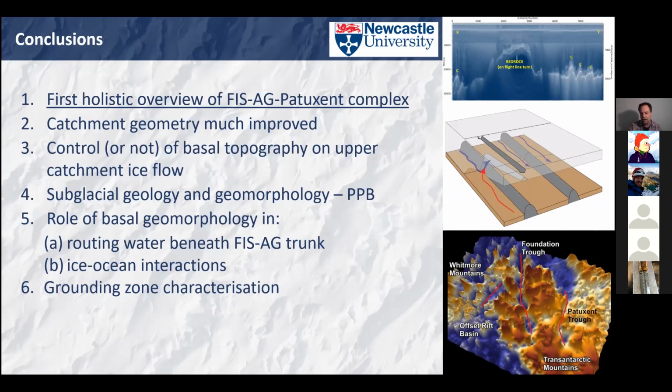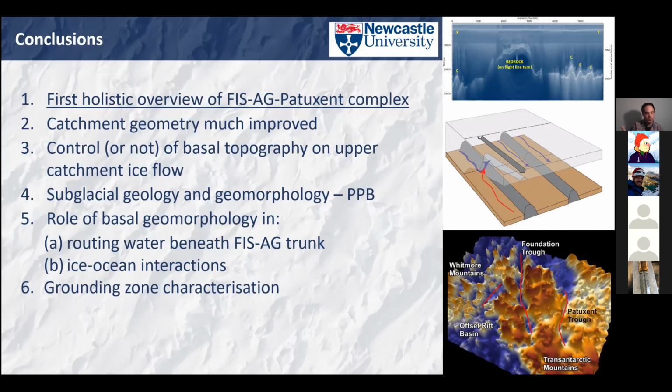I think we're only just getting to an understanding of how water might flow through the upper parts of the catchment, and Christine Dow's been doing some work on that recently. And we also need to know a little bit more about ice-ocean interactions. I think the FIS project, for example, will take up some of that in the next little bit.